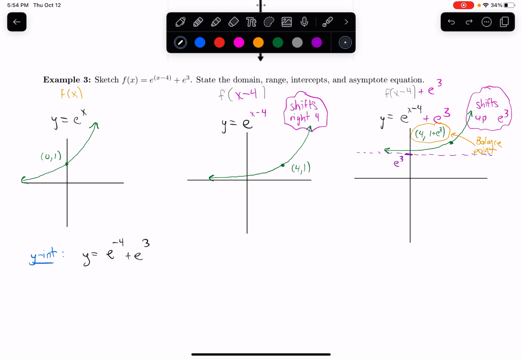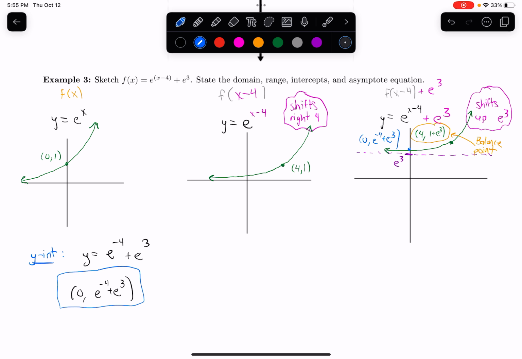So if I write this as a point, this is 0 comma e to the -4 plus e to the 3. Okay, so if I go to my graph and I label that, I'll need a different color, my y-intercept, it's at 0 comma e to the -4 plus e to the 3. That is my y-intercept. Okay, awesome. So let's box that.